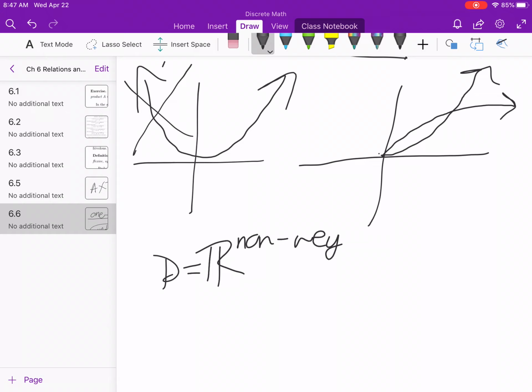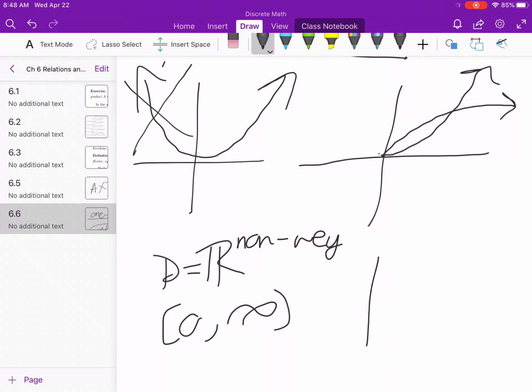So basically 0 to infinity, if you like this notation better. If this is my domain, I've just restricted my domain in this way, so I'm not allowing any negative numbers. What I'll get is this very nice function.